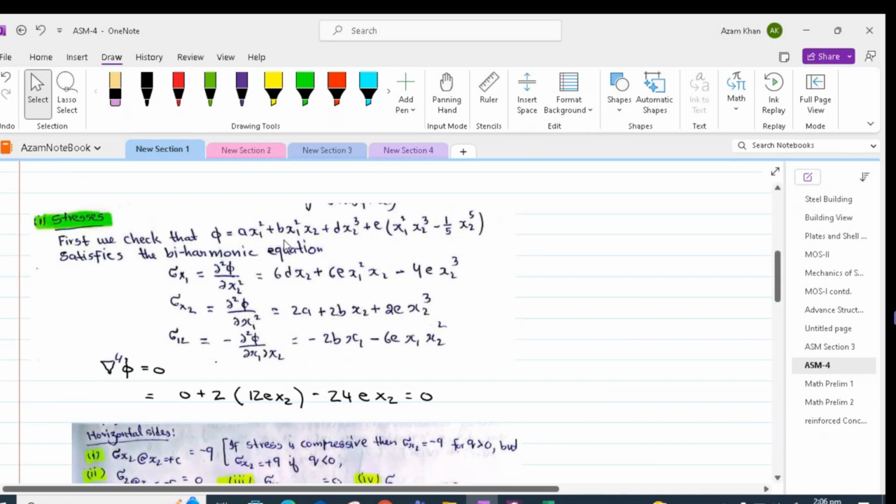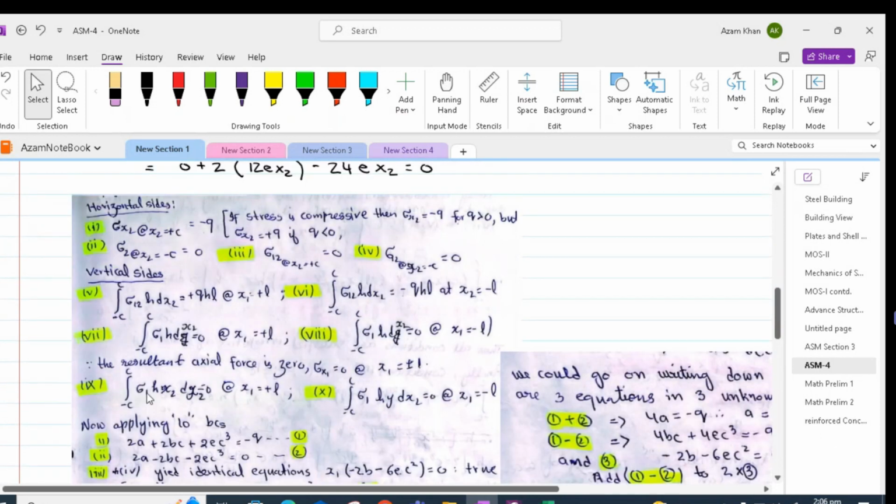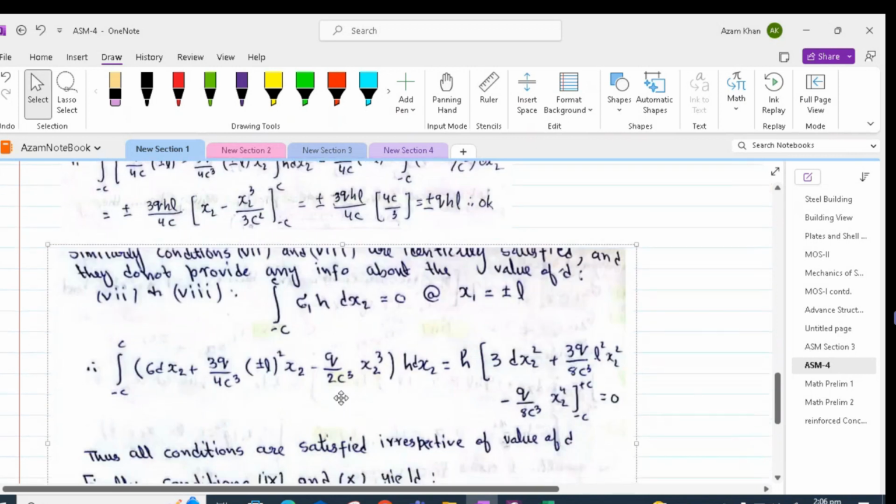We have all the constants known except D. For D, we can use equation 9 and 10 and work out our constant.